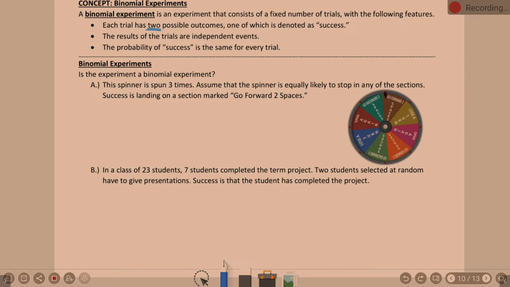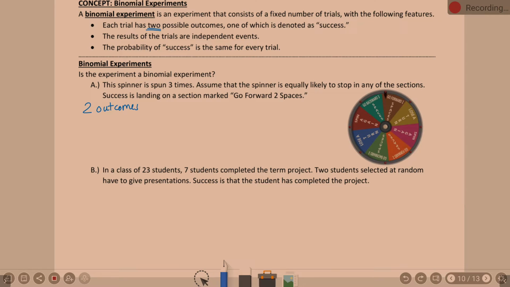Okay, so each trial has 2 possible outcomes, one of which is denoted as success. Do we have 2 possible outcomes here? That's the question we have to ask ourselves. Do we have 2 outcomes? Yes.